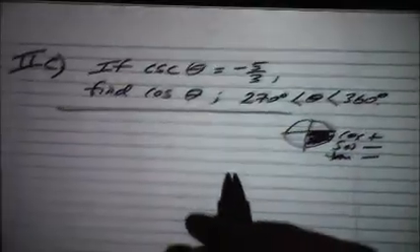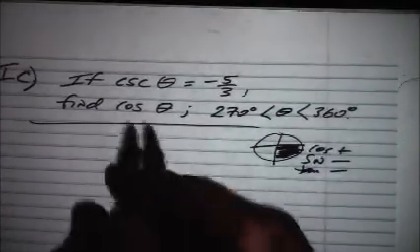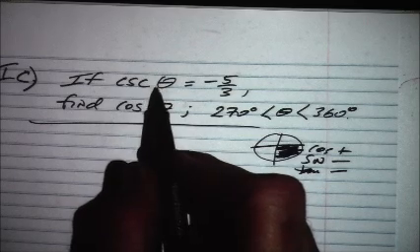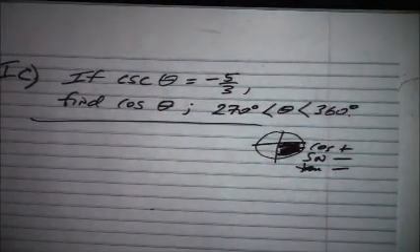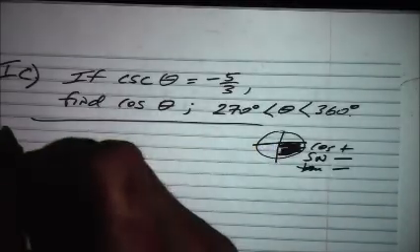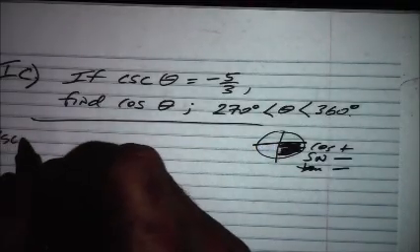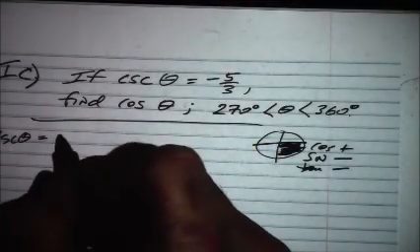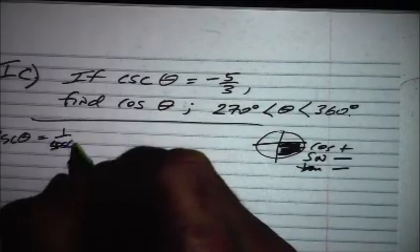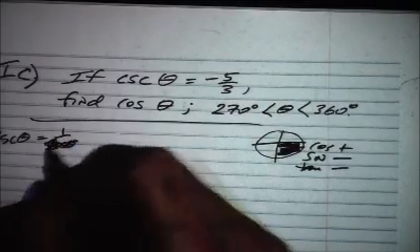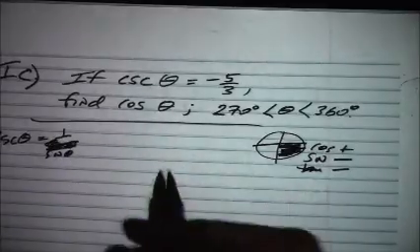So let's think about how we're going to deal with this one. So the cosecant theta is negative 5 over 3. This is a case where you want to remember that the cosecant of an angle is the same as 1 over sine theta. I can't seem to write sine theta.